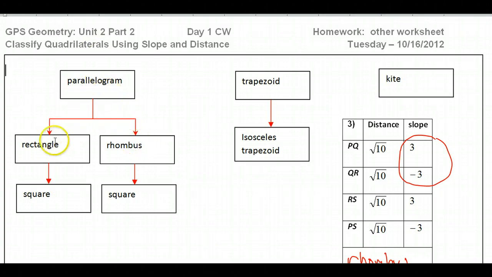You have to say why it's not a rectangle, and you also have to say why it's not a rhombus. If you choose rhombus, you have to say why it's not a square. If you choose trapezoid, just regular trapezoid, you have to say why it's not isosceles. If you choose kite, you don't have to explain why it's not something else. A kite is just a kite.